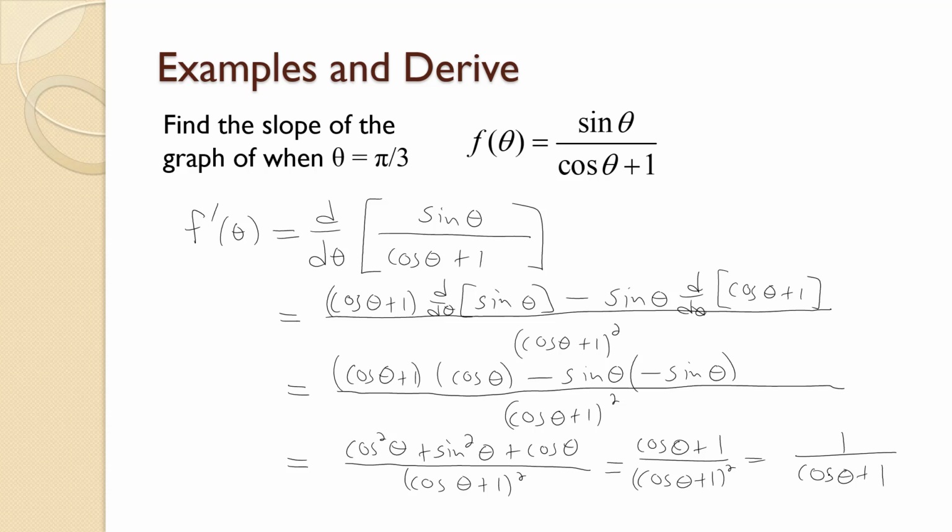That's the derivative. I can now answer the question. I want to know the slope. So the slope of the graph at that point would then equal the derivative evaluated at the input, which in this case is just pi over 3. And that's 1 over the cosine of pi over 3 plus 1. That happens to be the cosine of pi over 3, you all remember, is a half. So that's 1 over a half plus 1. That is, in the end, just 2/3. That's the slope of the graph at that point.